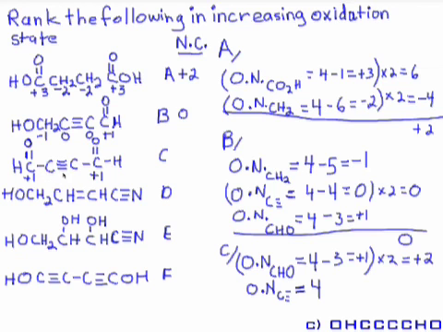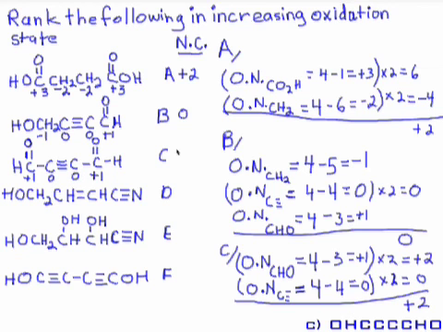Electronegativity-wise, carbon is the same as carbon, so the carbon with the triple bond gets 1 for each bond. That's 4 minus 4, that equals 0. We have 2 of them, times 2. Again, that's still 0. So if I add this up, the total is plus 2. So 0 and 0 for a total of C, which is plus 2.